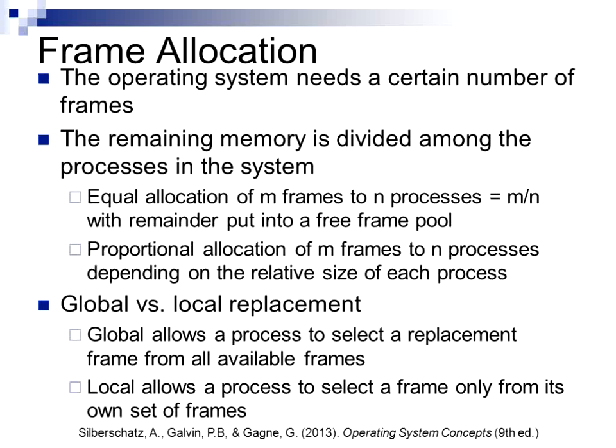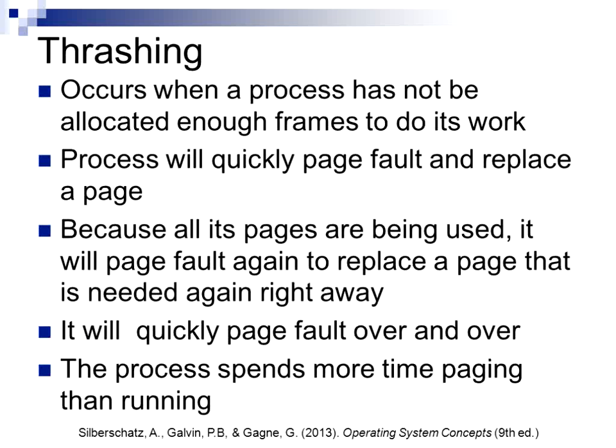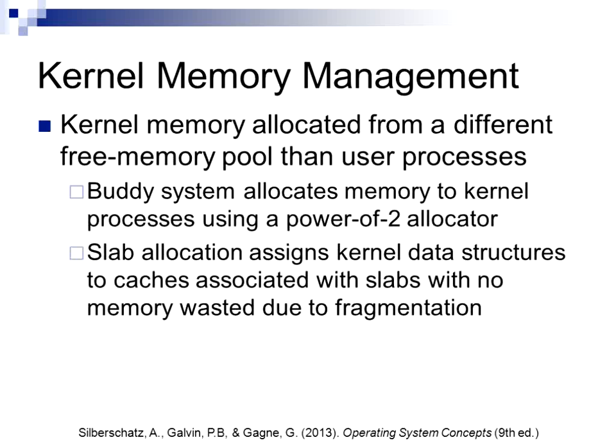Frame allocation, again, is something that, like we have to replace pages in memory, we also have to replace frames on disk, and that talks about doing that. And part of the problem when you're replacing frames is that sometimes page faults are happening over and over and over, and your process gets into what's called thrashing.